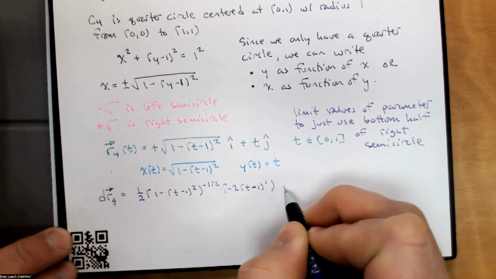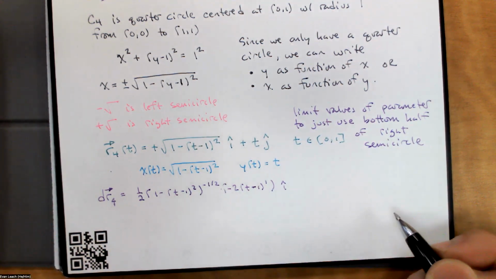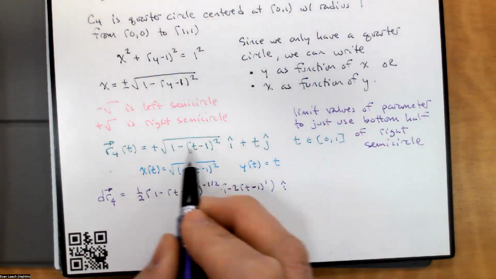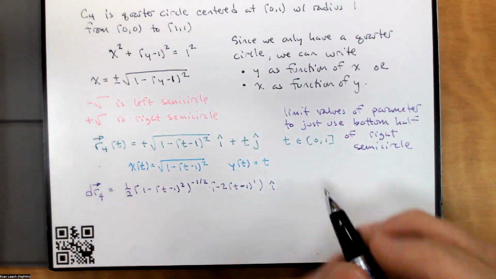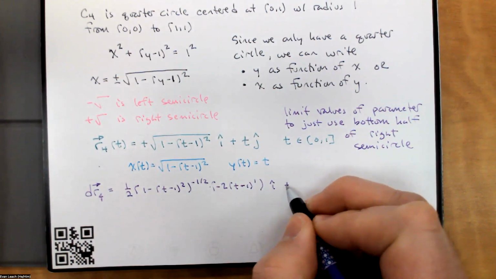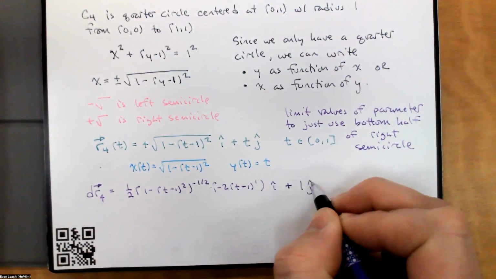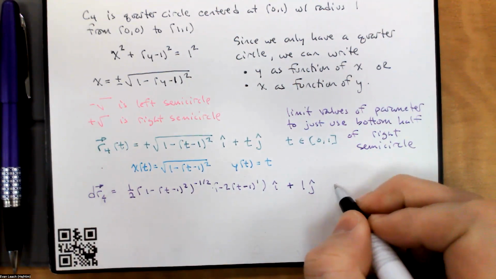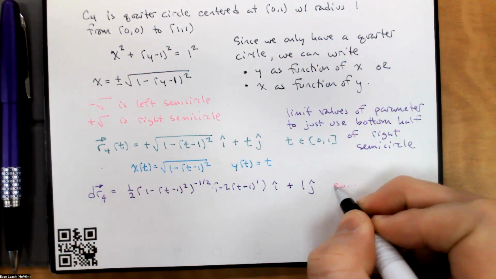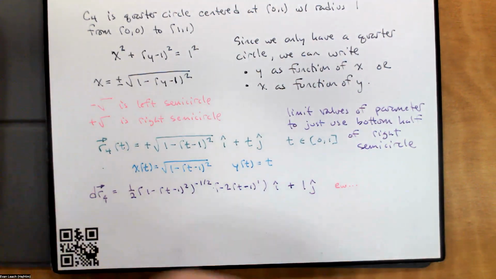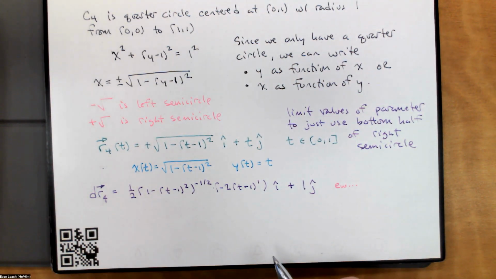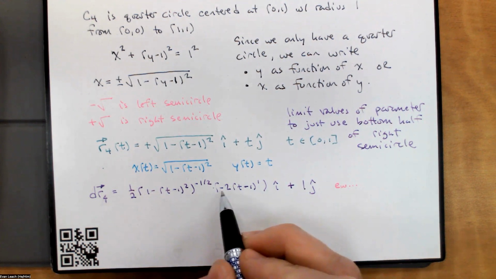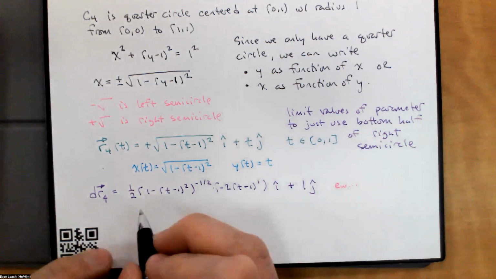All this is just the i component in the dr, the derivative. At least my j component is easier to deal with. I guess the 2's can cancel out. And I can write this as 1 minus t.